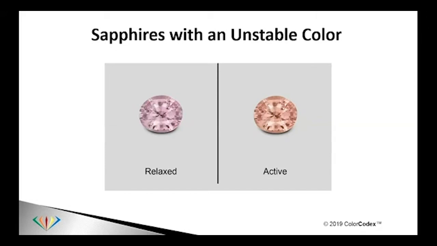Because you have a whole progression from very subtle shifts in color to much more distinct or dramatic shifts, and at a certain point it becomes to the extent where you feel, okay, this needs to be described or disclosed as an unstable color center. The ColorCodex system helps us to set these boundaries and to be consistent.